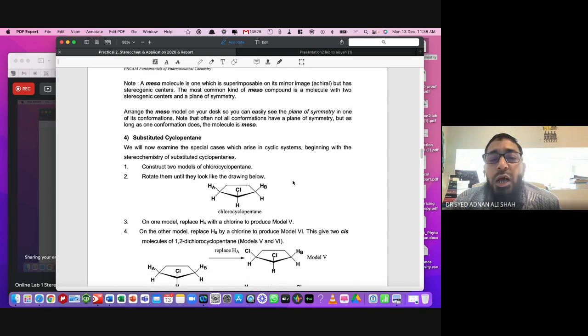Now we come to this example of the substituted cyclopentane.